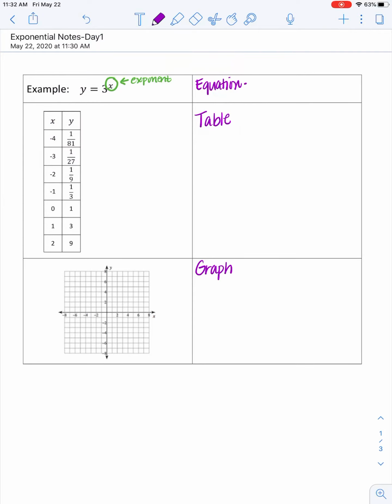Okay, so if I were to define what the equation of an exponential function looks like, we would say variable x is in the exponent. That's kind of what makes it look different from a linear equation. A linear equation would have x being multiplied. In this case, x is the exponent or part of the exponent.